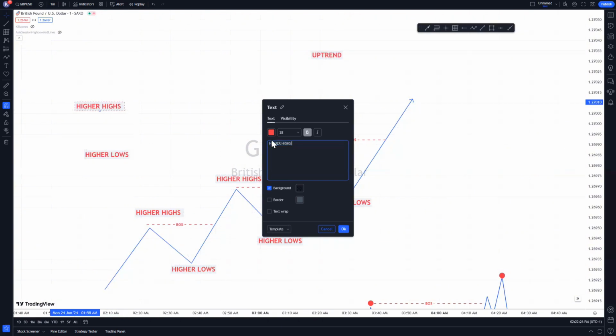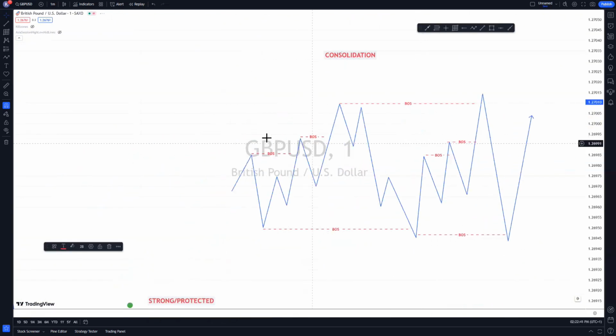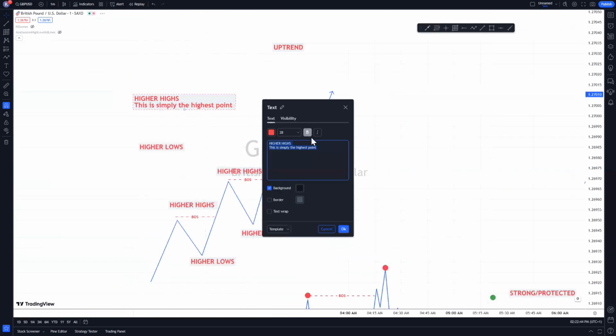A higher high is simply the highest point after a BOS, before the beginning of a retracement move.